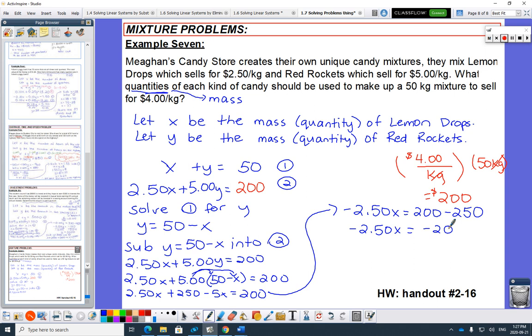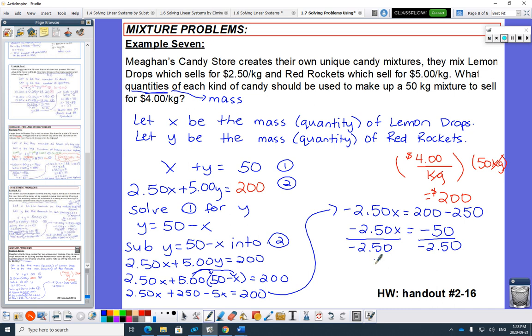Oops, that's the answer. Again, you can't have negative mass, okay?